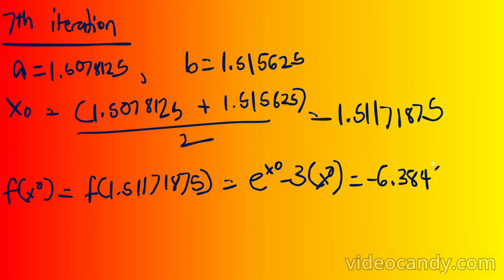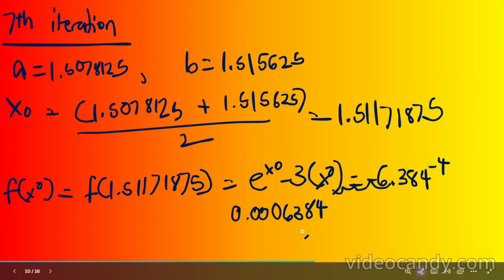Negative 4 root. Okay, negative 4 root. So the answer is 0.0006384. So 1, 2, 3, 4. So that's the answer.